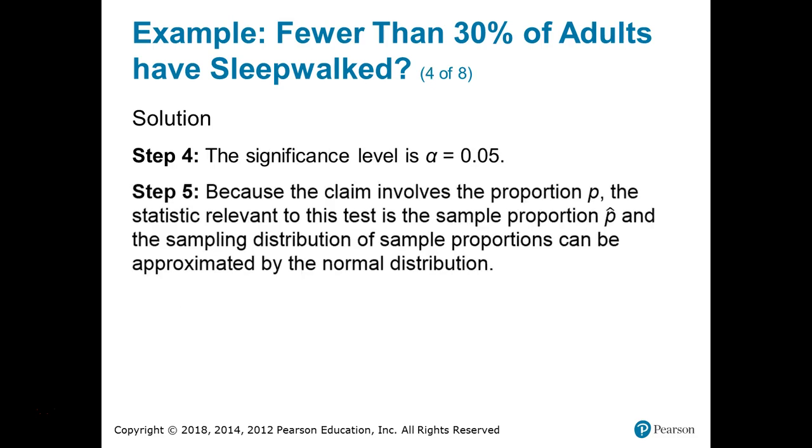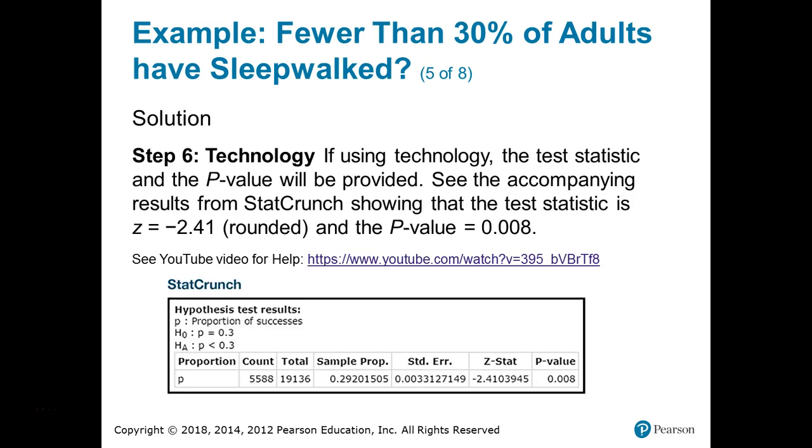The significance level is 0.05, and because the claim involves the proportion P, we are interested in P hat, and the sampling distribution can be approximated by a normal distribution. In this case, we will use StatCrunch to get our values. You can also use your TI-84 or the book for the table.